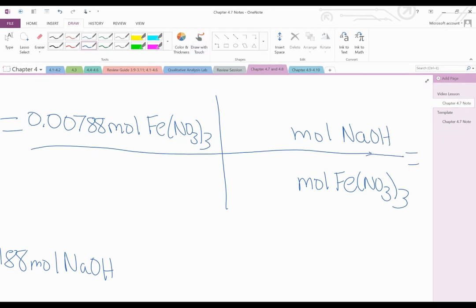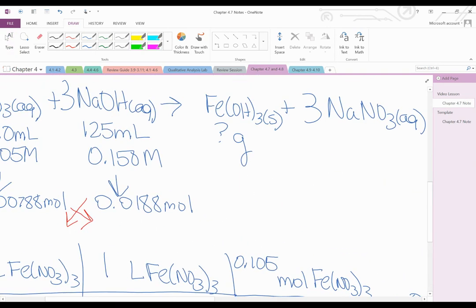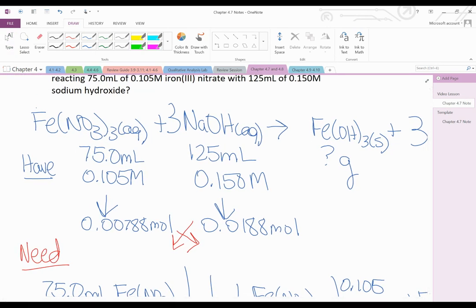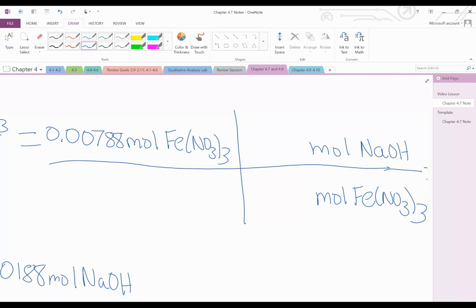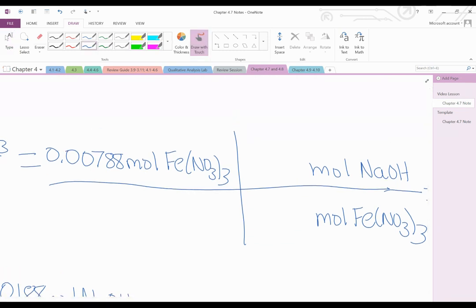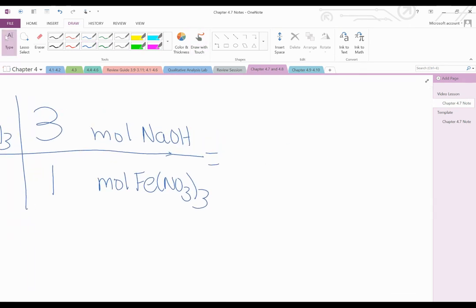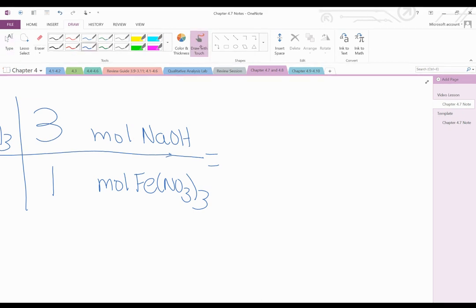And if you go back up to the balanced chemical equation, it's a 1:3 ratio. 1 mole of iron 3 nitrate forms 3 moles of sodium hydroxide. And so you would get 0.0236 moles of sodium hydroxide.